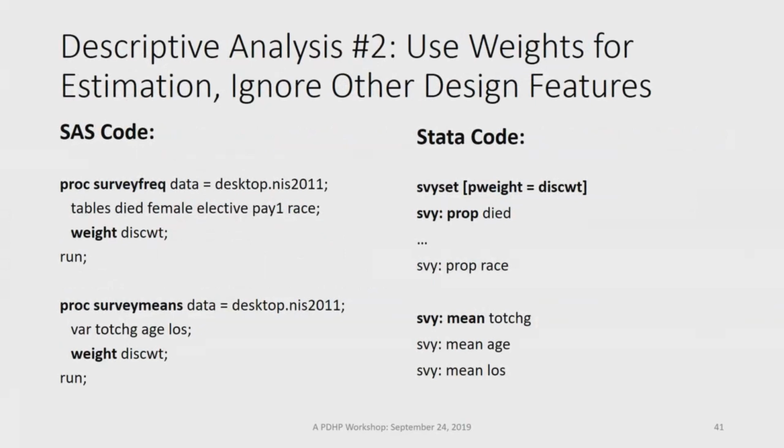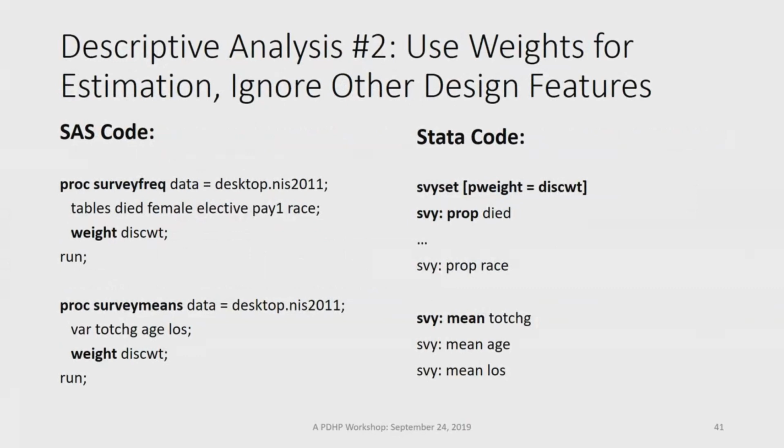Okay. So in Stata takes a little bit different tack. In Stata, you can declare the design features globally with one line. So in Stata, it's the survey set command, where you can say what your cluster codes are, what your final weights are, what your stratum variable is. And here in the survey set command in square brackets, I'm only saying what the final probability weight is. That's it.